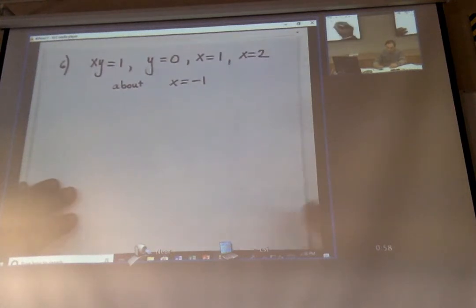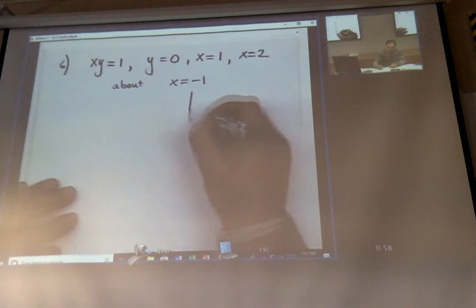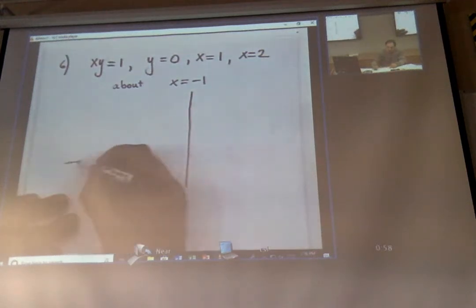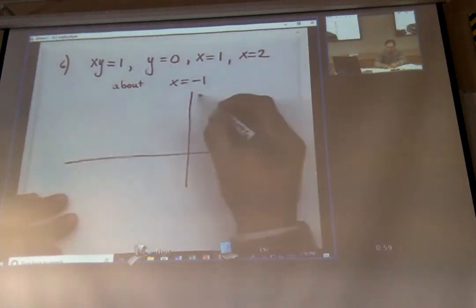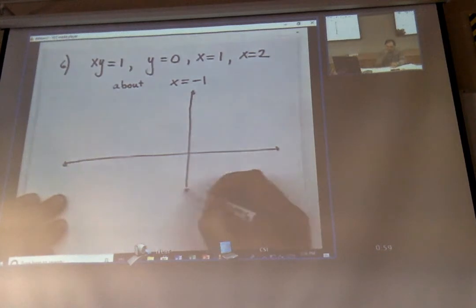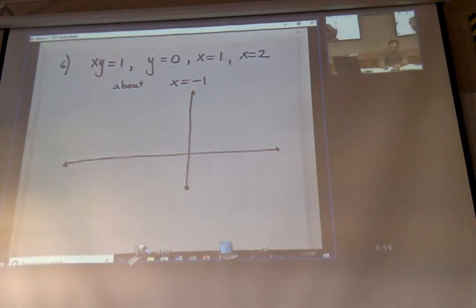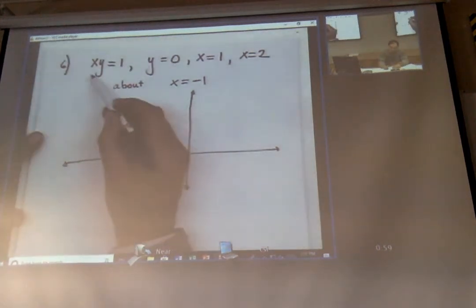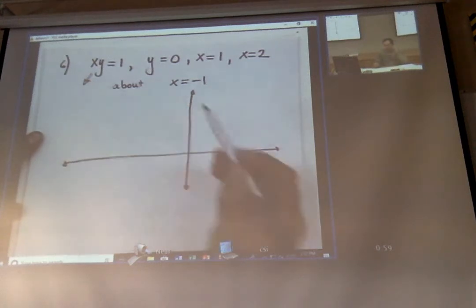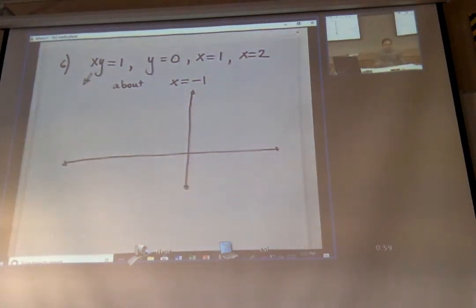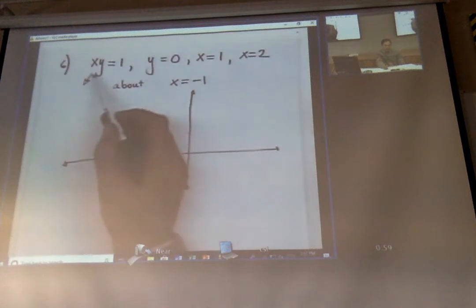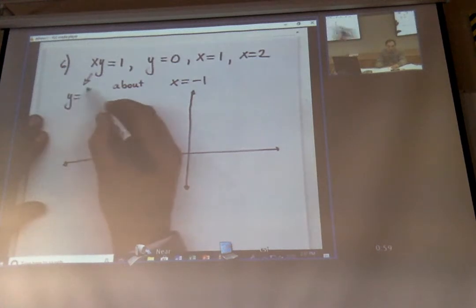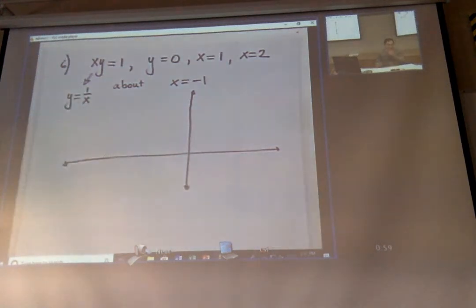I'm going to put the picture, and we'll shift the graph a little bit to the right. In order to graph, you have to change this form. Remember, this is implicit form, x and y mixed. So this will be y equals 1 over x. Now I know how that looks.